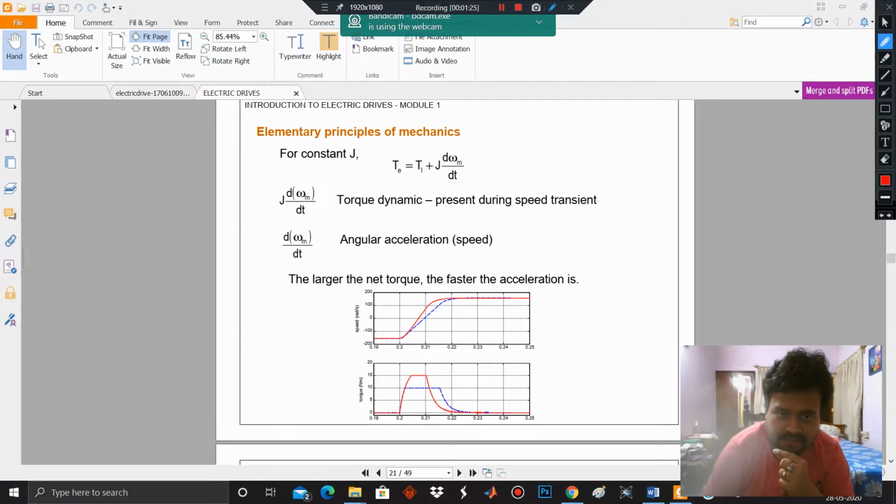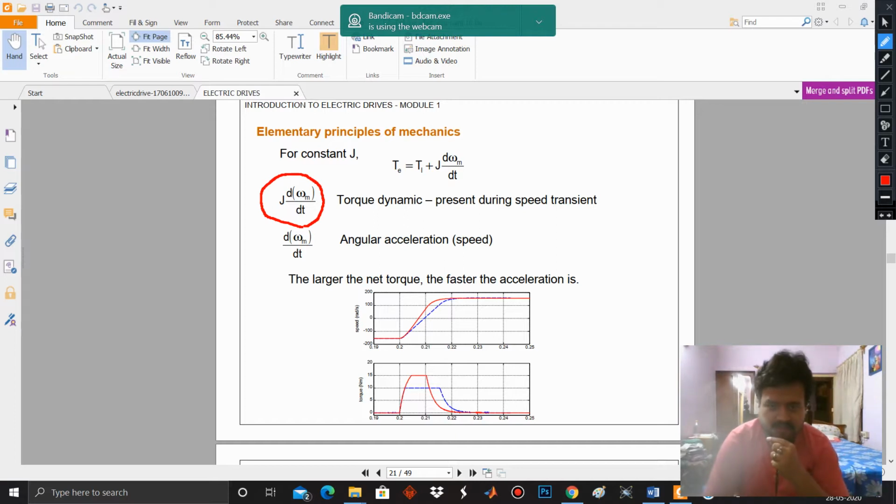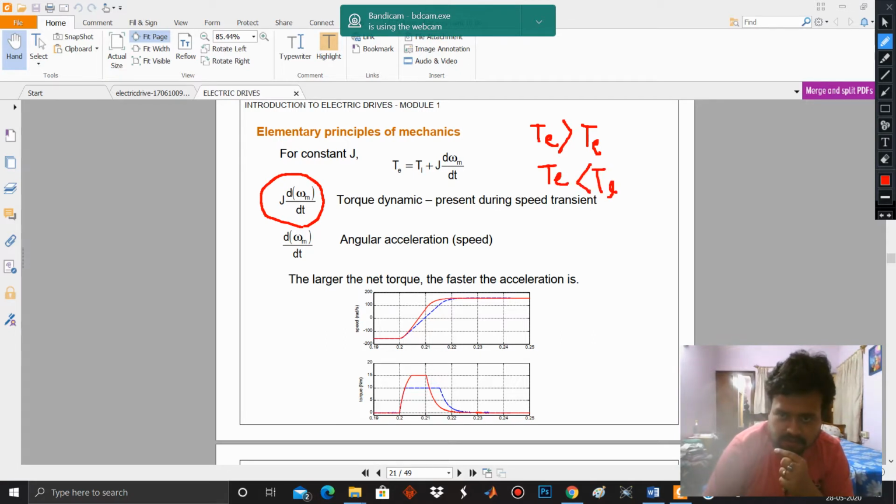So now let us study this J d omega m dt. How many cases are there? There are three possible cases: Te is greater than TL, Te is less than TL, and Te is equal to TL.